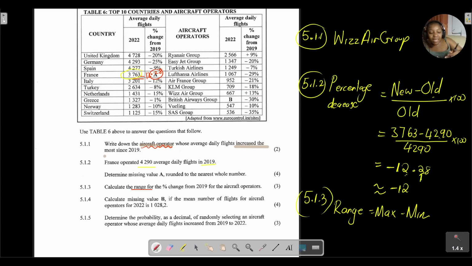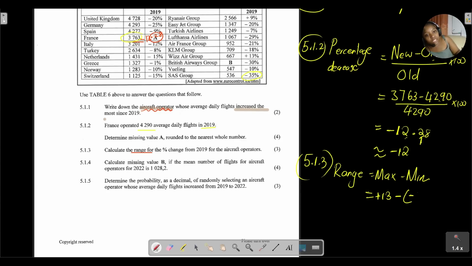Remember, the maximum is the highest value. It's that positive 13. Positive 13 is the highest value. Minus, what is the lowest value there? Negative 35 is the lowest value. Therefore, if you take that, it's going to be 13 minus negative 35. What do you get as your answer? The range is 48, but remember, it must be a percentage.